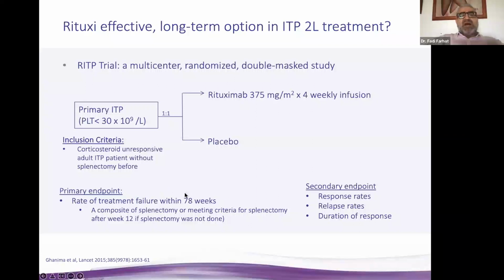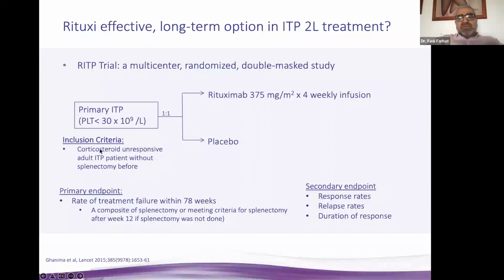There is the RITP trial, which was a multi-center, randomized, and interestingly double-blind trial, where for patients with platelets less than 30,000, they randomized 1-to-1 to Rituximab, the classical dose, 4 weekly infusions, which is what we use usually, versus placebo.